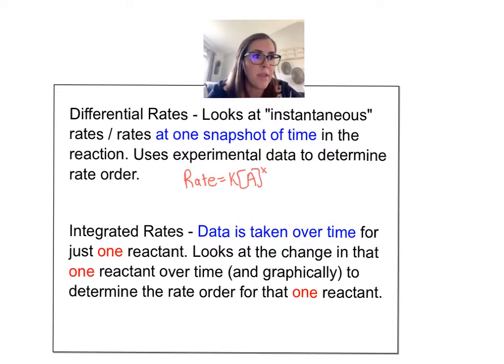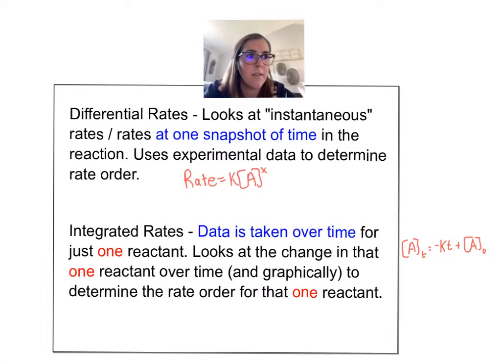Or should I do something like the concentration of A at a certain time is equal to negative k times time plus the concentration of A at 0, and this could also be natural log, or it could be 1 over, that depends on the order, okay? So how do you choose, I guess, is my question, if I should write it like this or if I should write the funky looking formula.